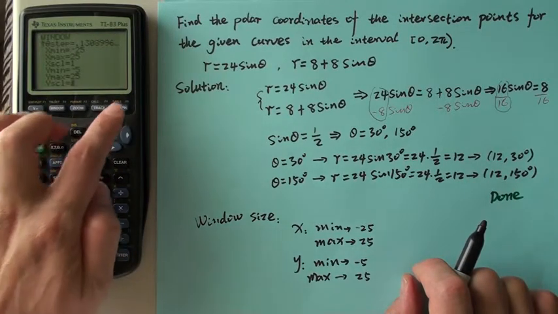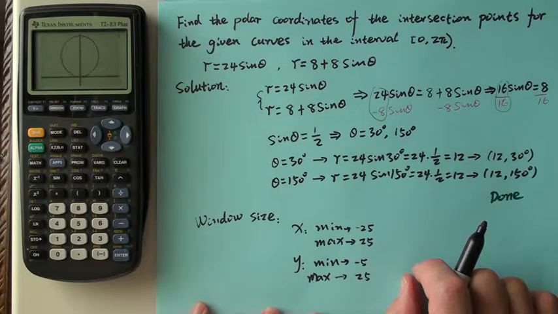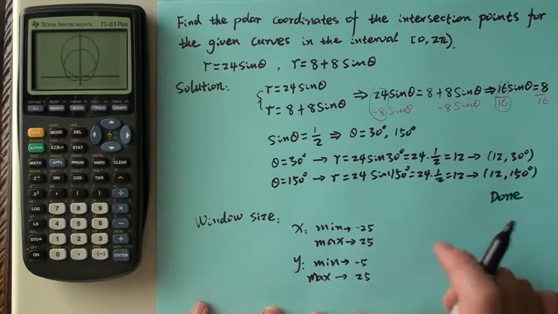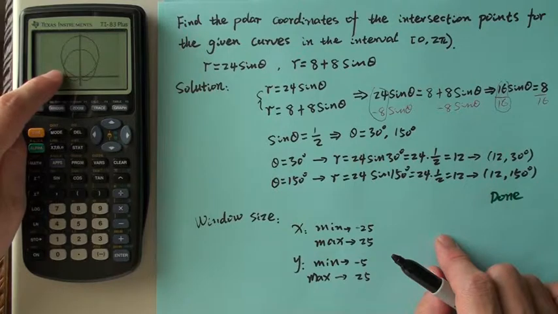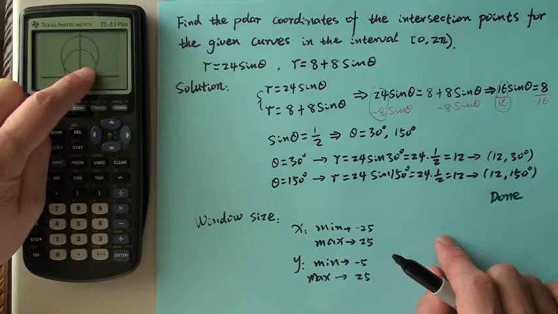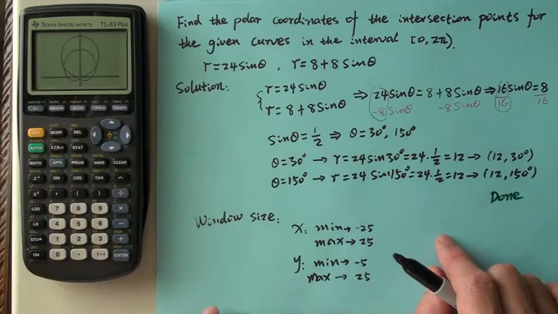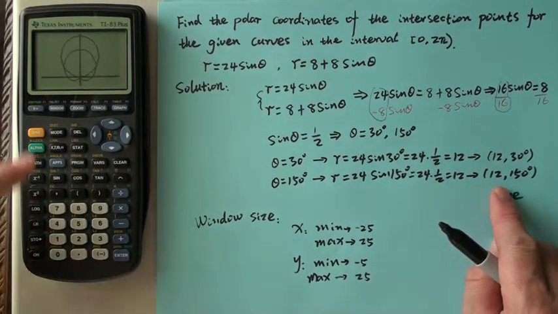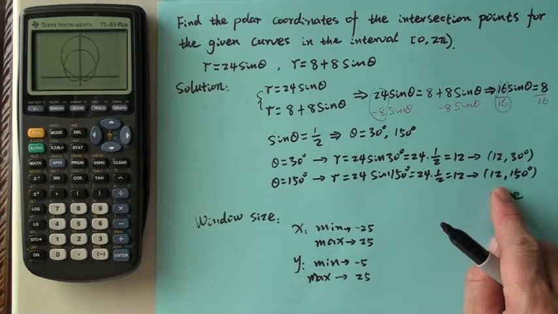Now you graph it. That's the first one, and there's the second one. Down here, this is 30 degrees, 12, and this is 150 degrees, 12. It's right here.